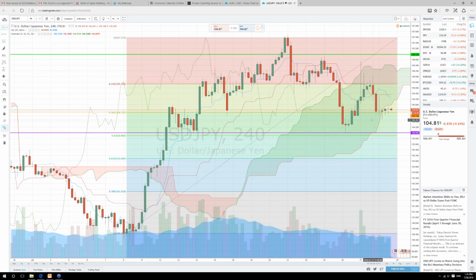So this is dollar yen. We talked about the short-term trade. This was a short-term, risk-averse kind of trading strategy. You're going to grab 100 pips and get out. If you have a little bit more risk appetite, you can go with the next support level, the Fibonacci retracement at 61%, which falls on 103 and a little bit above it.